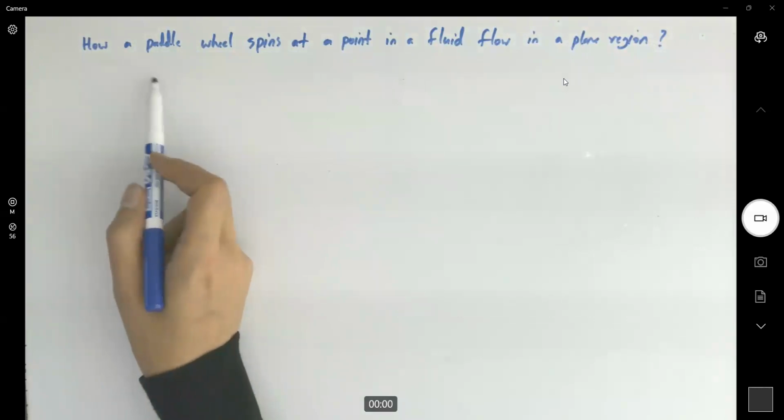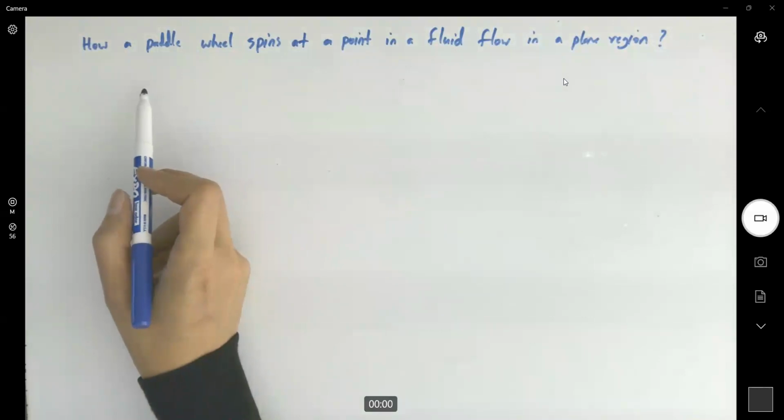Sometimes we refer to this as the circulation density of a vector field.